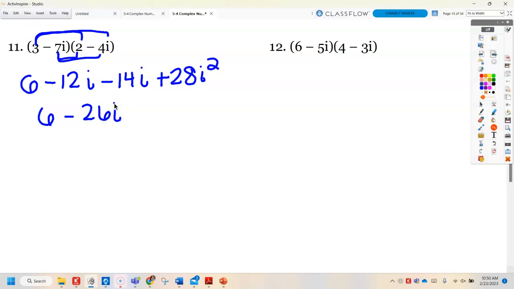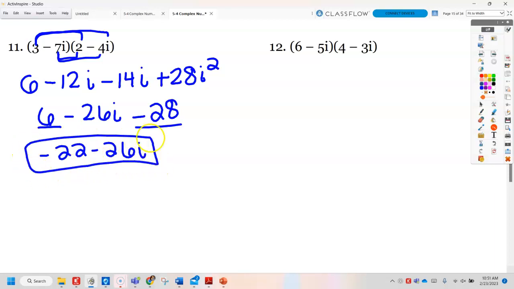So this becomes minus 28, which makes the 6 and 28 like terms, which makes my final answer negative 22 minus 26i. A real plus an imaginary, a complex number.